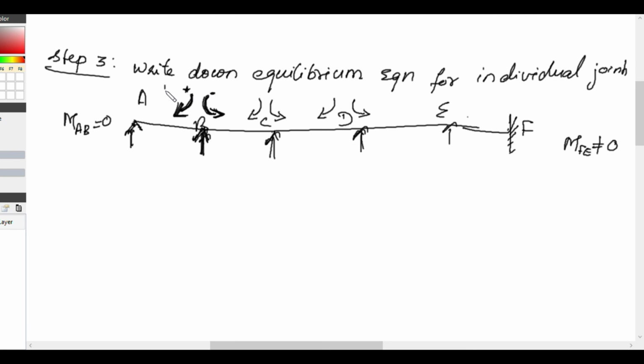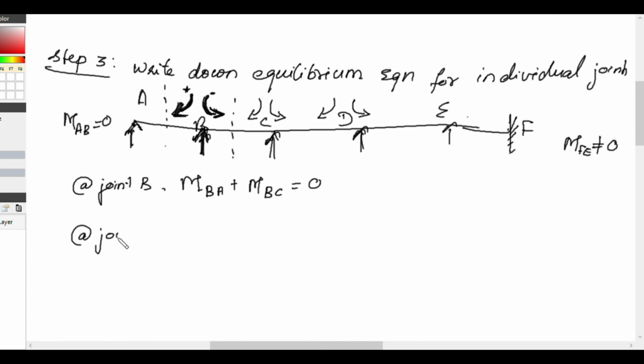And when you take a section, everywhere it is negative. When you take the section on AB, it is negative. When you take the section on BC, it is negative. But actually at the joint, it is clockwise and anti-clockwise. That means at joint B, your MBA plus MBC will be equal to 0.